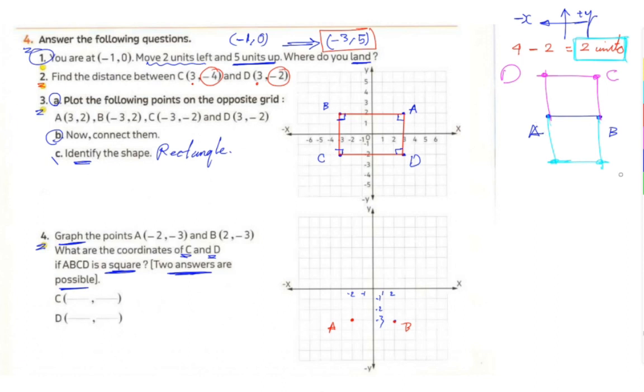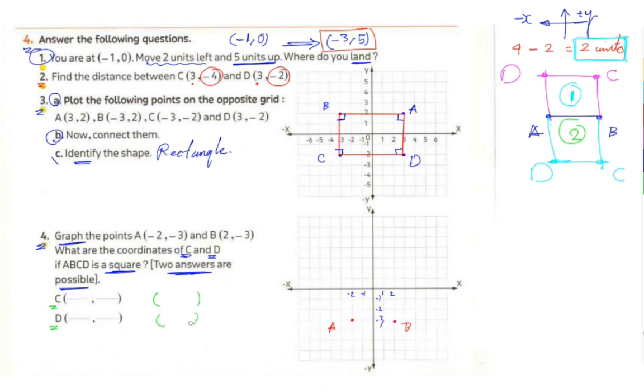So I have two possible sets of points: this one is the first possibility, and this one is the second. So C and D may have one set of coordinates or another.